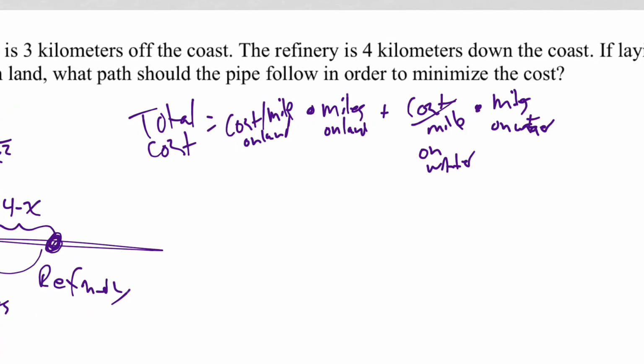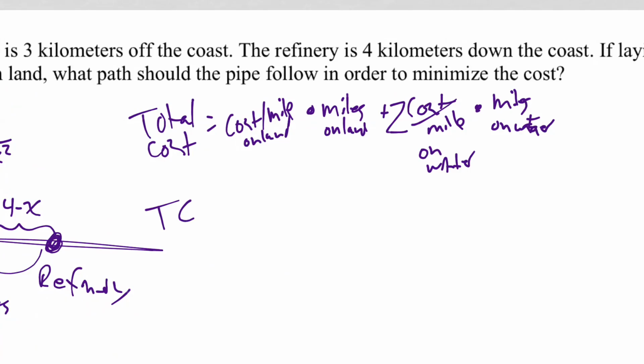So, how does this work? Because we don't know the cost. But it actually doesn't matter that we don't know the cost, because we know that if this variable cost is the cost on land, the cost on water is 2 times the cost on land. So we're going to have a coefficient of 2 out in front.